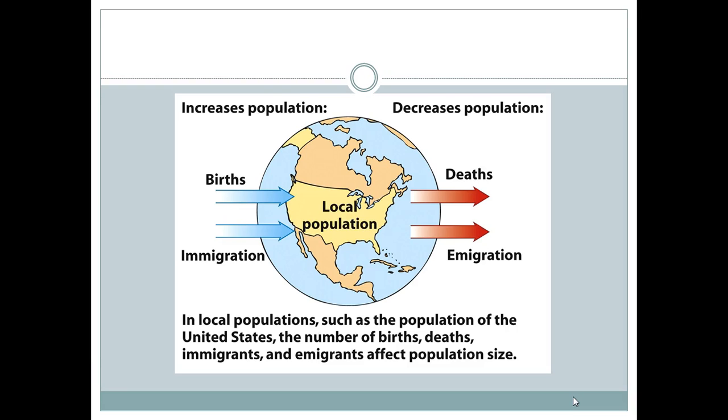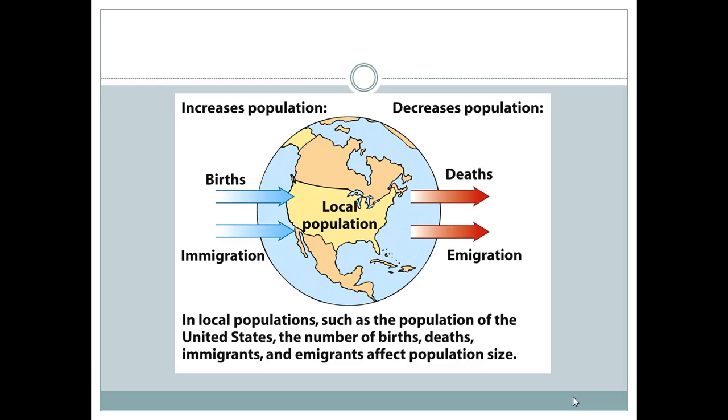But if you're in the United States, there are some different factors that affect the United States population. We still have births minus deaths, but we have people coming in and people leaving that can change our population numbers. So we have to take both births minus deaths plus immigration minus emigration into consideration.